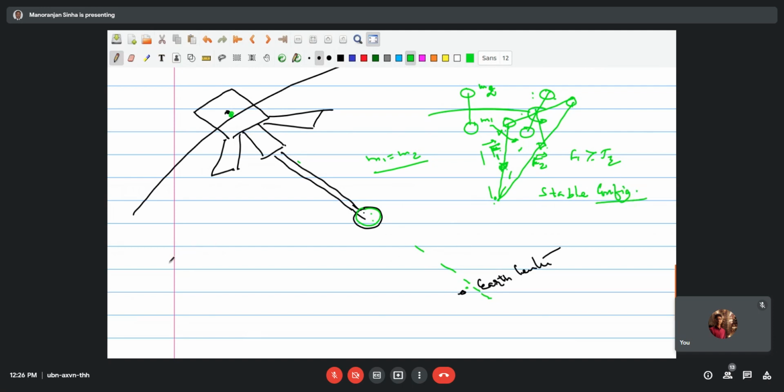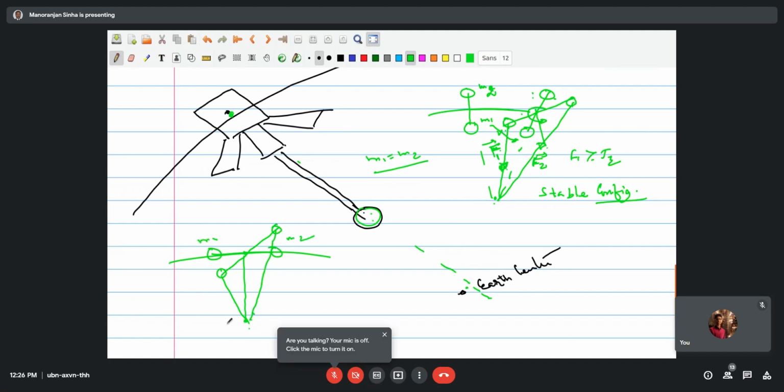On the other hand, if you have a configuration like this, where the center of mass is here, and it gets disturbed like this, immediately you can see that this is M1, M2. So the restoring force is not available here in this case. This is more and this is less.